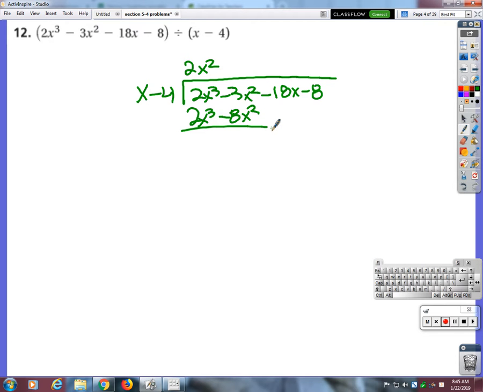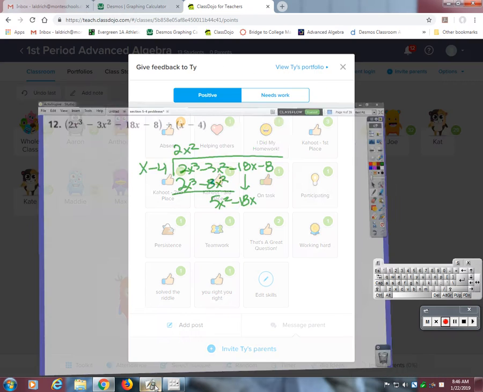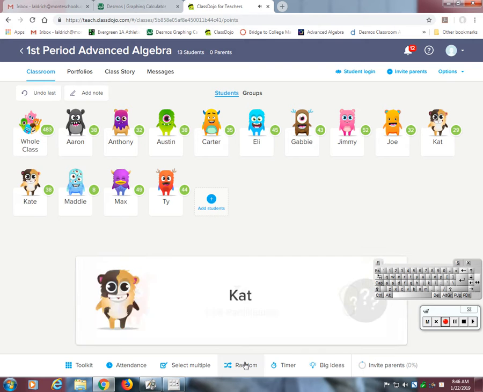Okay, nice job, Ty. Alright, then I have to subtract these, so 2x cubed cancels. If I go negative 3x squared minus negative 8x squared, I'm really going negative 3x squared plus 8x squared, so that would be 5x squared. Alright, well, between the two of you, you got it figured out, so that's good.